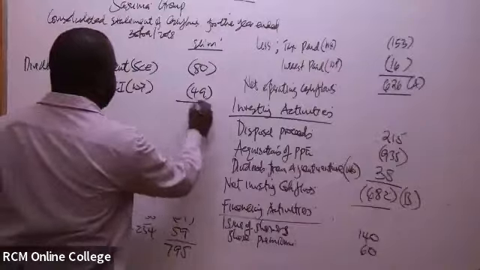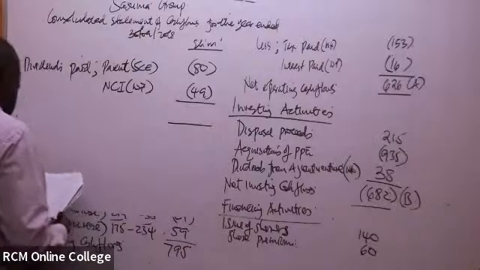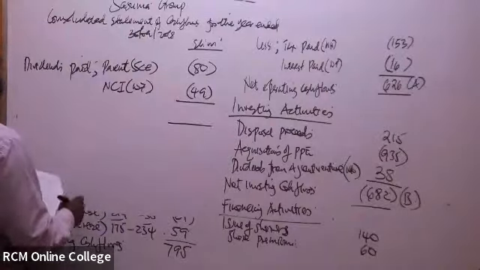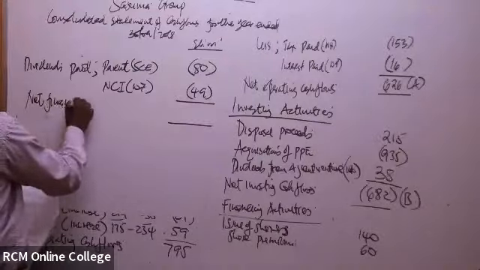So you can add. What do you get as the net cash flows from financing activities? So net financing cash flows.